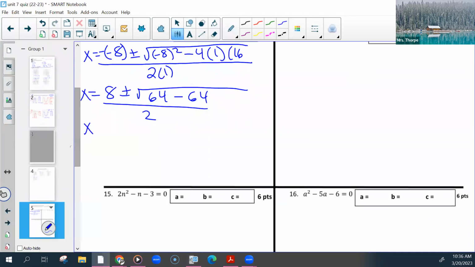So then we have 8 plus or minus 0 all over 2. Make sure you're putting your x equals or n equals or a equals, whatever the variable is, for each line. The square root of 0 is just 0. Separate your 2, the minus and the plus.